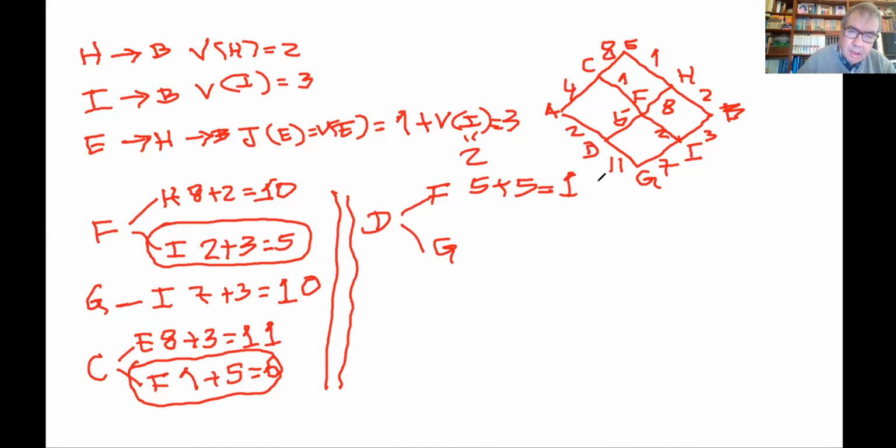So that's 10. If you go to G, that's 11 plus the value of G, which is 10. It's written here. So it's 21. Now, the best choice is to go to F. Fine.